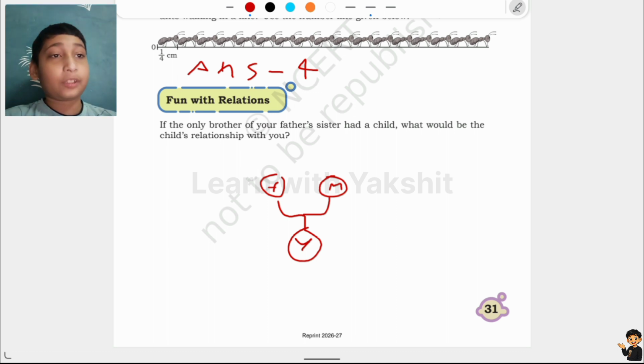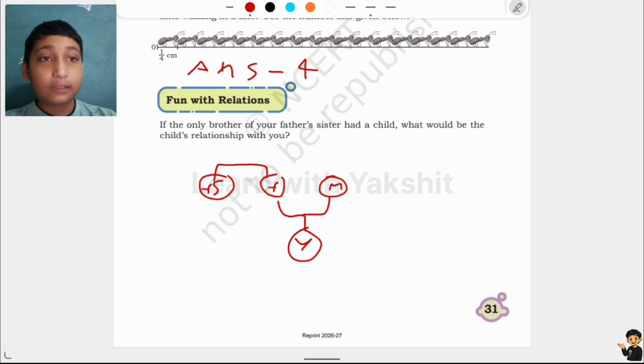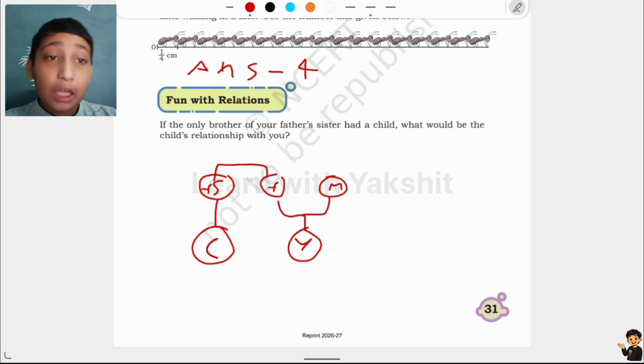We'll focus on father. And then there's sister. I imagine they have only one sister, father's sister, and that she has a child. Then what will that be? Cousin. Yes, that's your cousin, or cousin brother, because there is a brother.